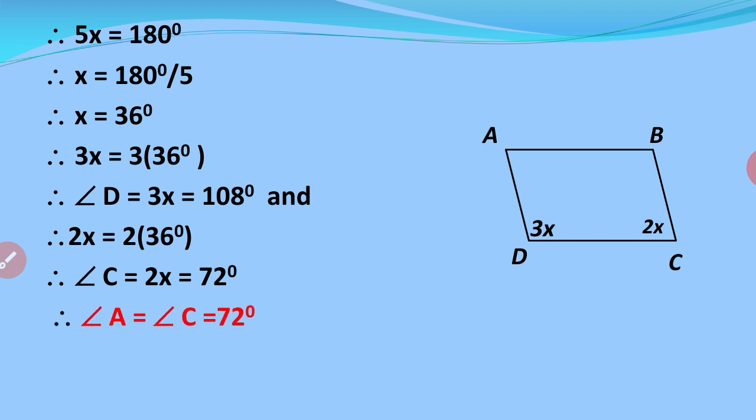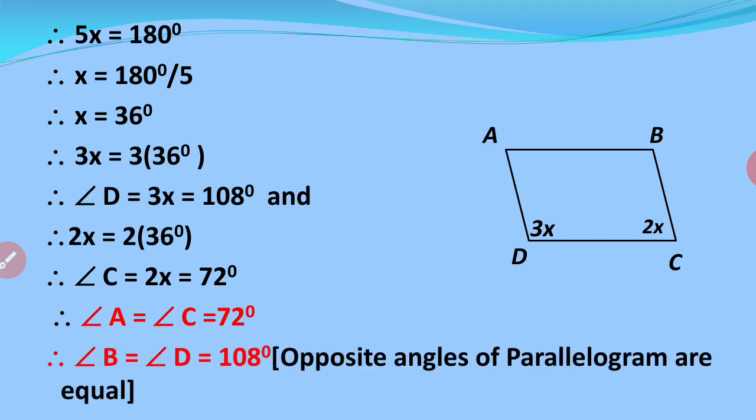We are going to use the opposite angle property of a parallelogram, and we say that angle A and angle C both are equal to 72 degrees, and angle B and angle D are again equal to 108 degrees.